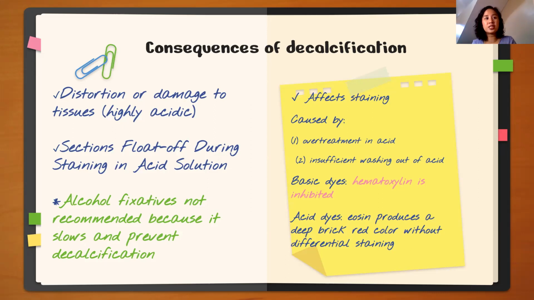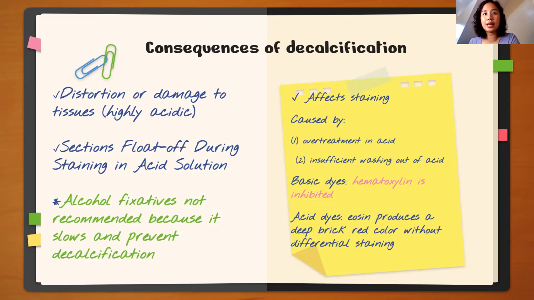So in the process of staining na, pag nilagay mo na sa acid solution, natatanggal ulit. Yun yung impact ng decalcification. Dapat yung tissue section nakadikit sa slide, pero during staining, natatanggal siya.